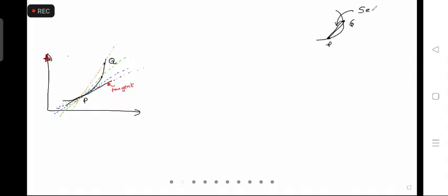So normally in a circle, you define two points, and if you mark a line using these two points, we can give this line the name secant. So here you are drawing the secant line using P and Q. Right?